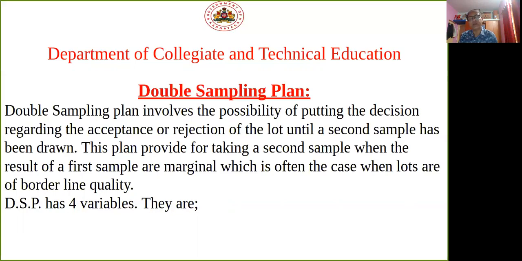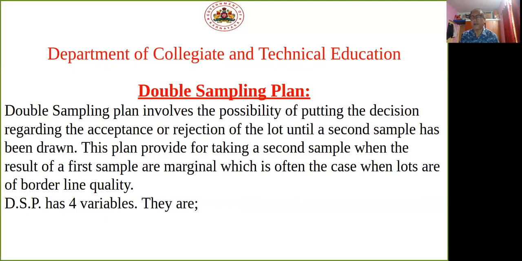The second one is we can construct the OC curve by means of calculations, that is, by means of a formula: the sum of x from 0 to n, nCx into p to the power of x into 1 minus p to the power of n minus x, where you need to put the values of p, which start from 0.01 to 0.02, 0.03, 0.04, like that, till it crosses the LTPD.